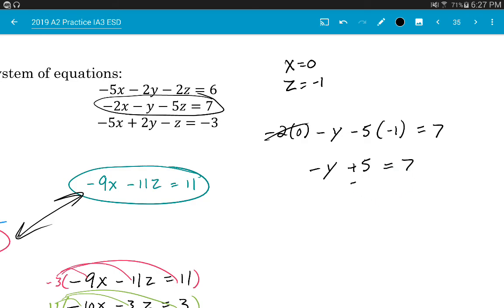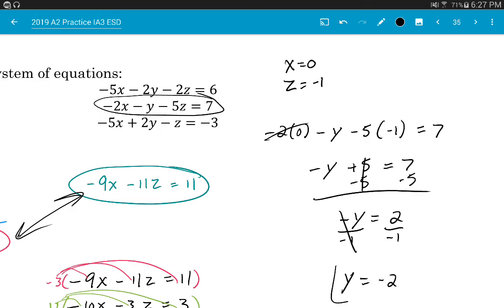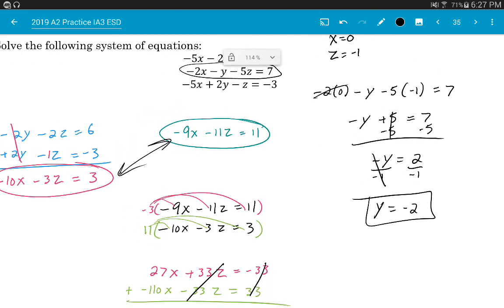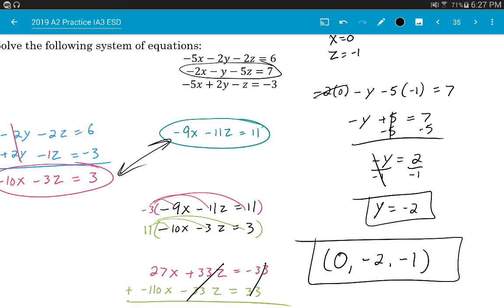And minus 5 on both sides, I get that negative y equals 2. I'm going to divide by negative 1. I'm going to get that y equals negative 2. So I'm going to want to state these in the right order. X, y, z. So that is the point where all three of these equations intersect.